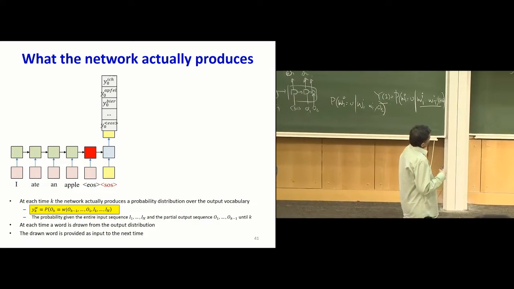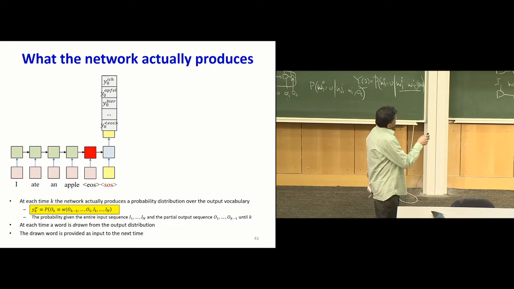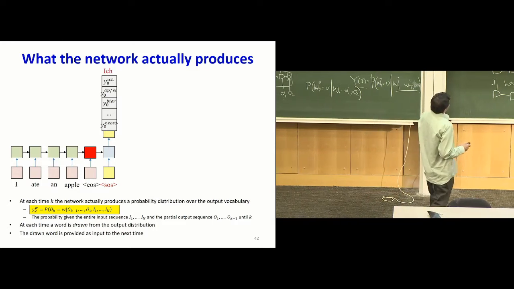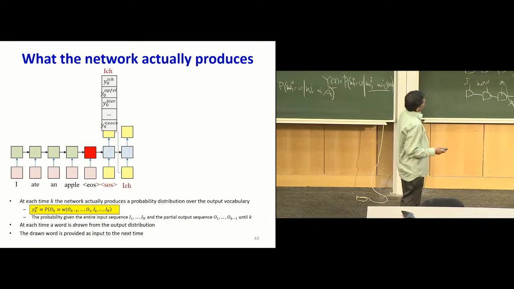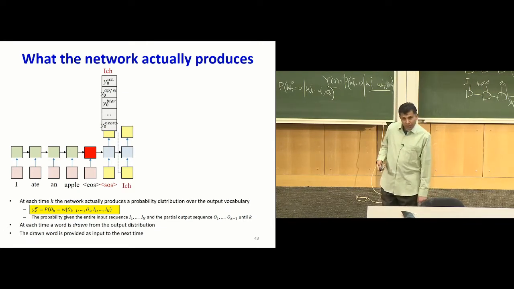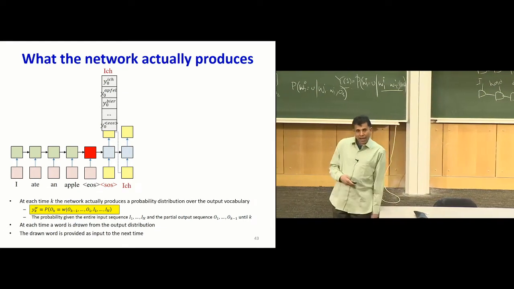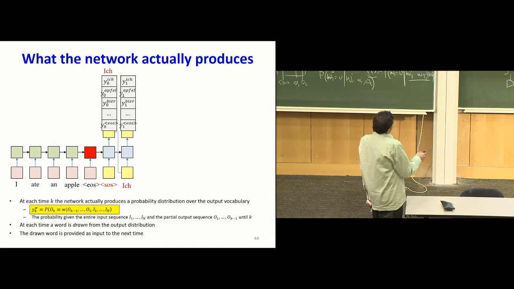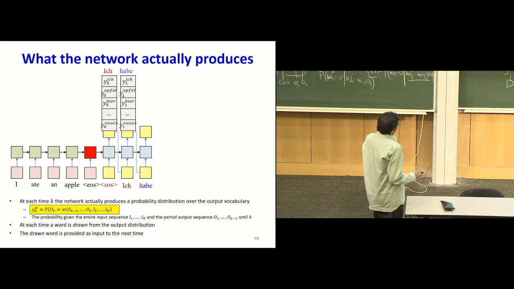And the next word is actually being drawn from this probability distribution, and that drawn word is now going to be fed back into the next network. Now this becomes part of the conditioning variables, and what is actually output is the probability distribution for the next word given everything including this word. And this goes on until the end.